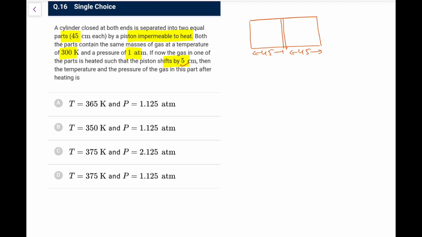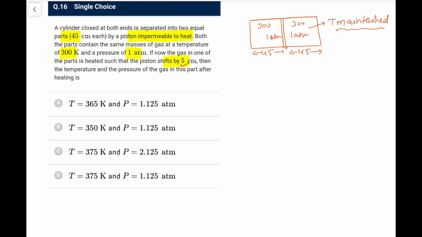Initially both had 300 K and both had 1 atm. Now because you are compressing it, no heat is flowing, so this would be adiabatic also, so its temperature should also change, and if that changes, it would be tough to calculate. But the question assumes that this part's temperature is maintained. This line should be written, which is generally written in such questions.